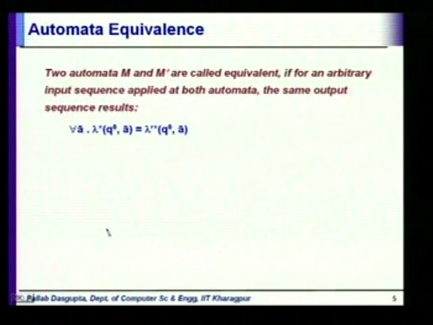Now, we define automata equivalence as follows. Two automata M and M dash are called equivalent if for an arbitrary input sequence applied at both automata, the same output sequence results. So, no matter what input you give to the two automata M and M dash, they are going to produce the same output sequence.